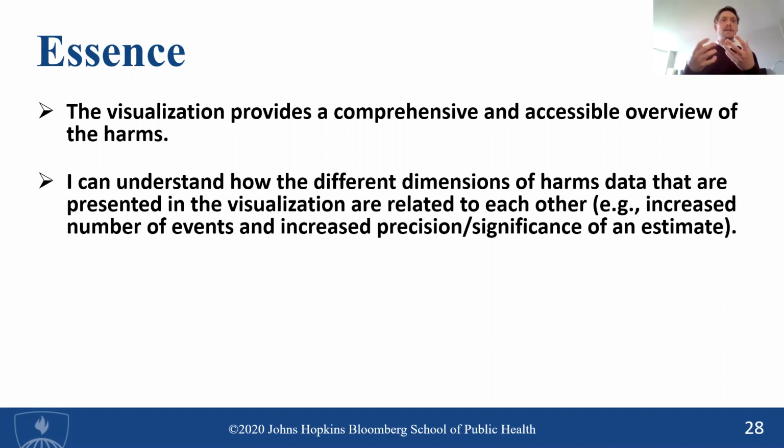The second statement then, I can understand how the different dimensions of harms data that are presented in the visualization are related to each other. So here, if you have multiple dimensions that have a relationship, does that make sense? Is it clear? As a generic example, this may or may not be there for visualizations, but increased number of events and increased precision or significance of an estimate. So if both of those were shown, does that make sense, how you see that and how they're represented on the figure?